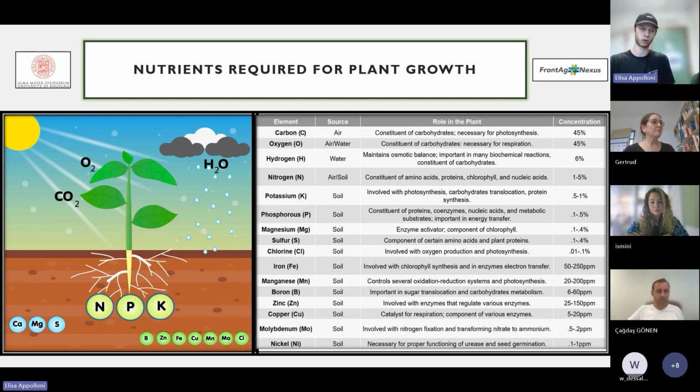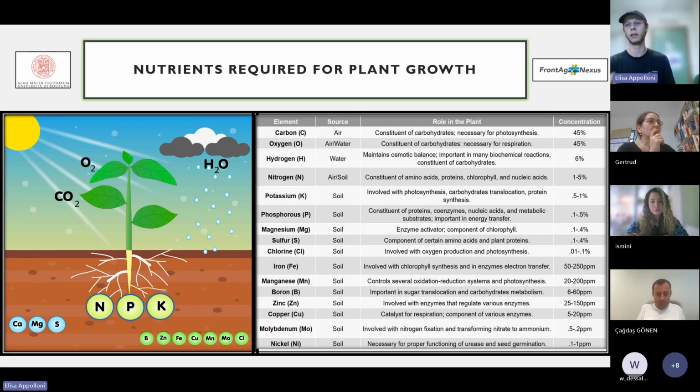So we have macronutrients, which are nitrogen, phosphorus, and potassium, the ones required in the highest quantity. Then we have the mesoelements, which are required still in a very high amount. There is also a discussion going on about whether to include them in the macronutrients. The mesonutrients are calcium, magnesium, and sulfur.